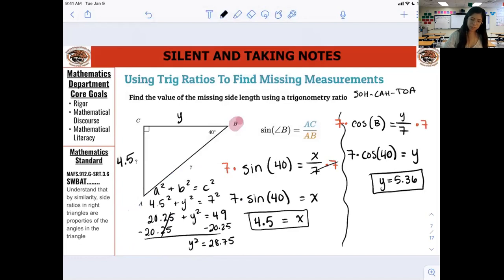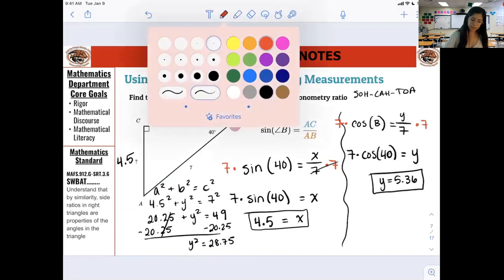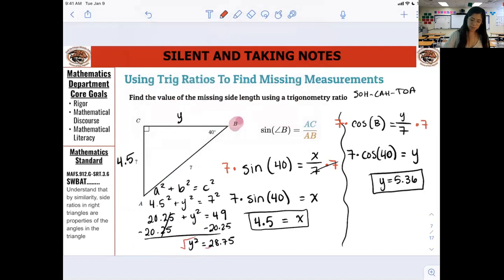Take the square root of both sides. And the square root of 28.75 is 5.36. So we got the same exact answer. Cool? Questions? Okay.